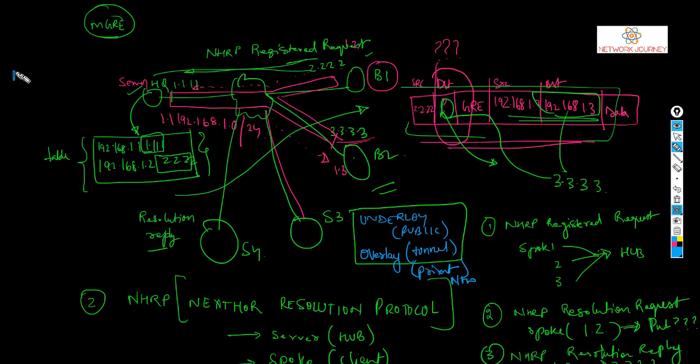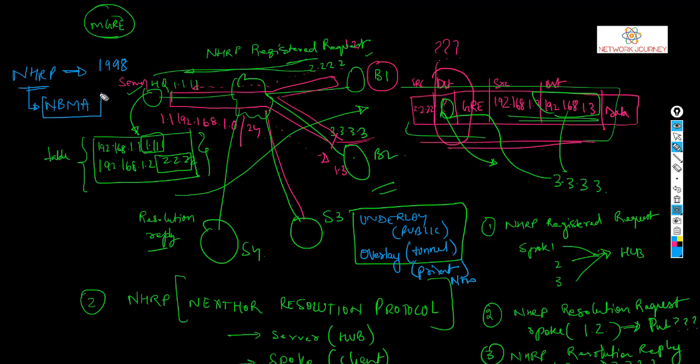With regard to NHRP, it's a pretty old protocol where the RFC was defined in around 1998. This is also used in non-broadcast multi-access, NBMA.